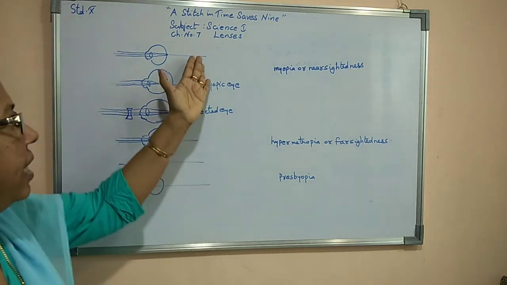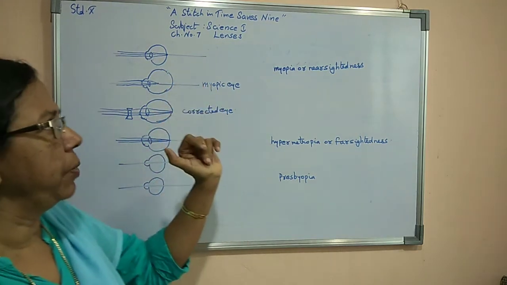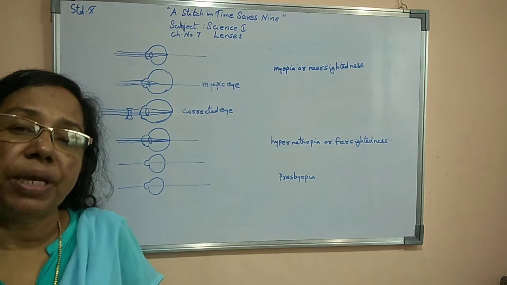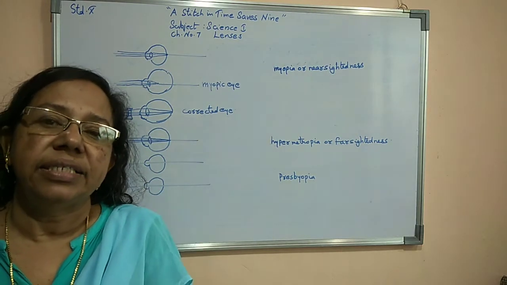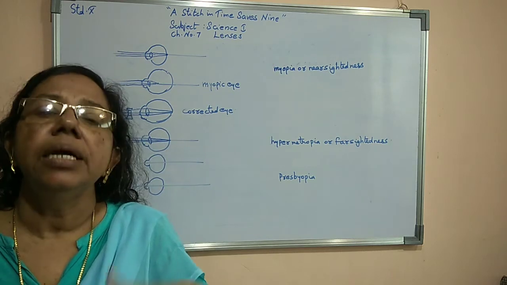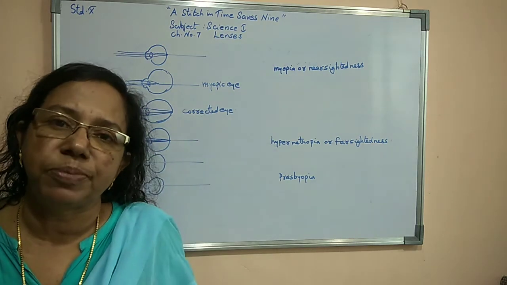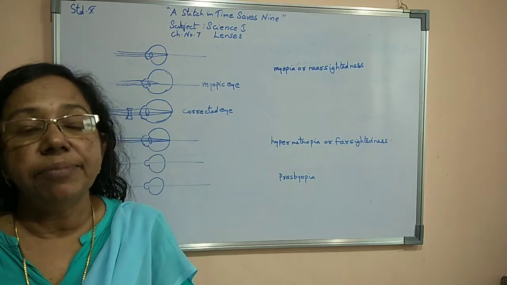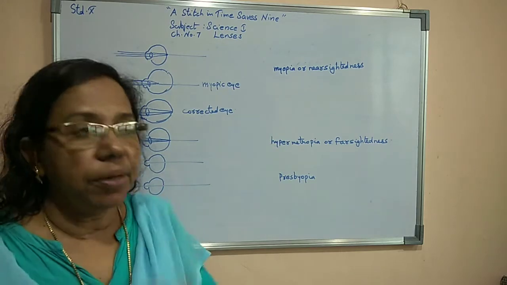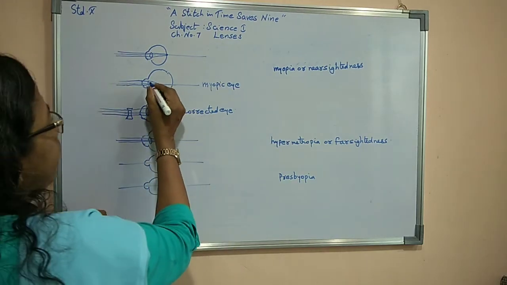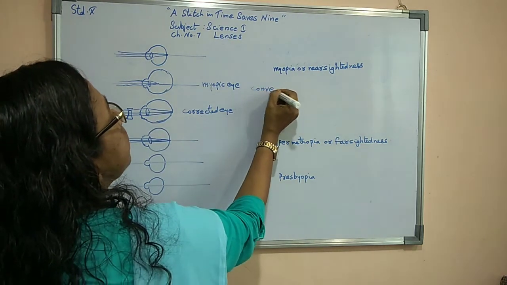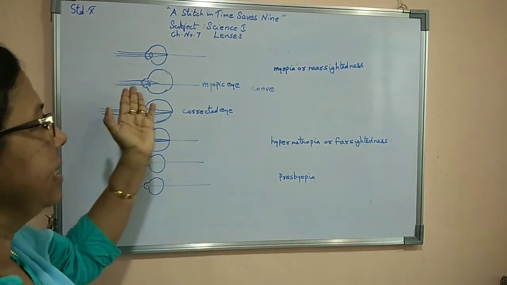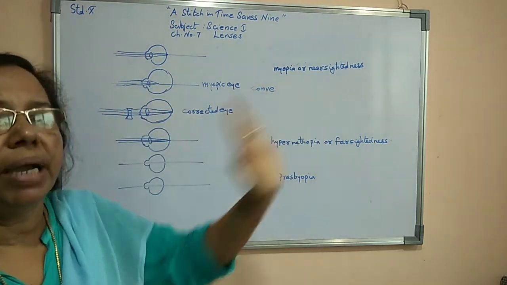So, once again, a quick revision of myopia. What is meant by myopia? Myopia means the person can see nearby objects clearly but cannot see far away objects clearly. Now, why is it happening? Because the converging power of the eye lens is more. What are the reasons for myopia?